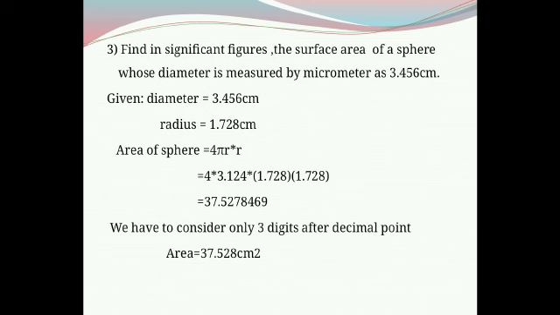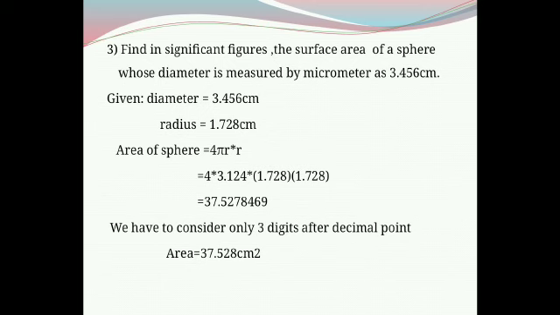Third numerical: find, in significant figures, the surface area of a sphere whose diameter is measured by micrometer as 3.456 centimeter. Here one value is given, the diameter, 3.456 centimeter, and therefore the radius is diameter divided by 2, which gives 1.728 centimeter. We have to find the area of the sphere, and its formula is 4 pi r square.